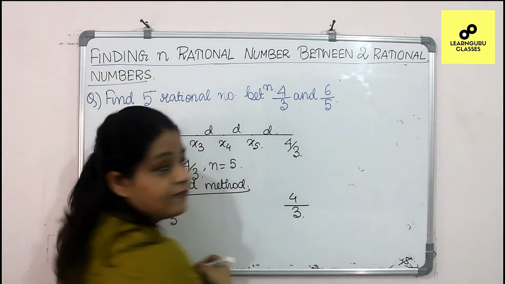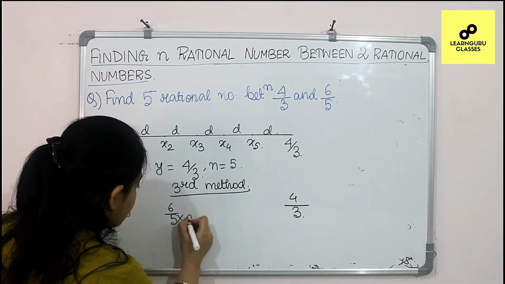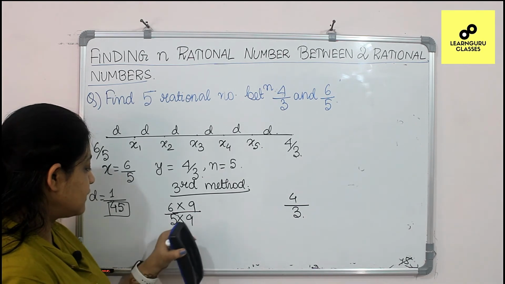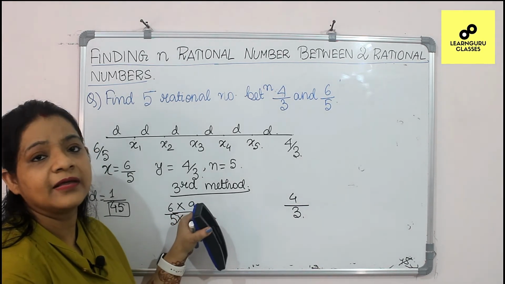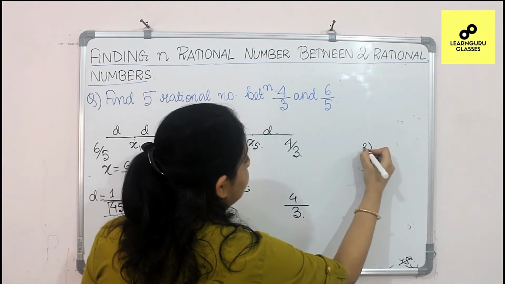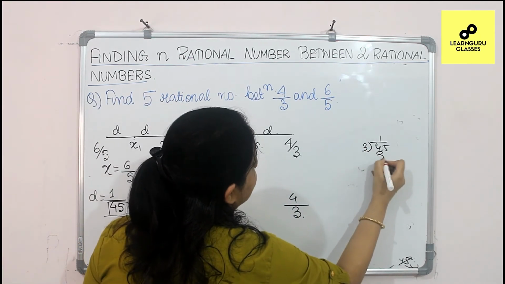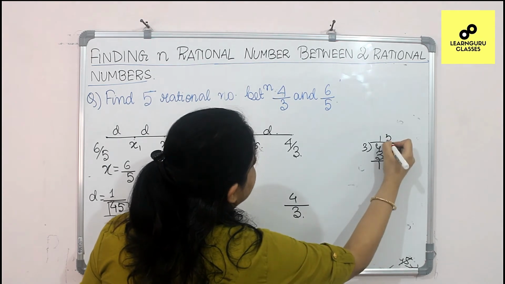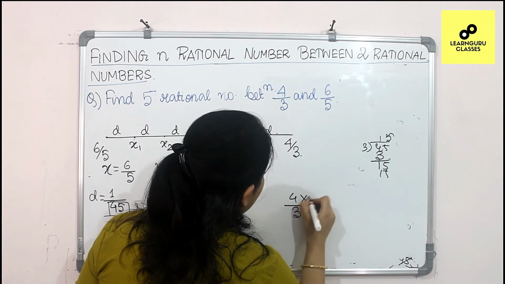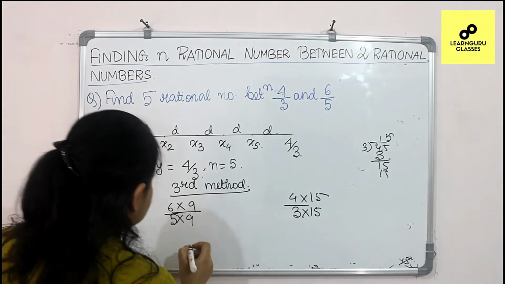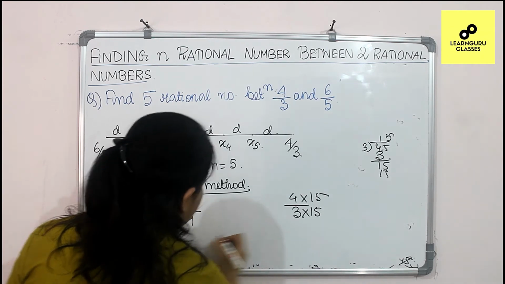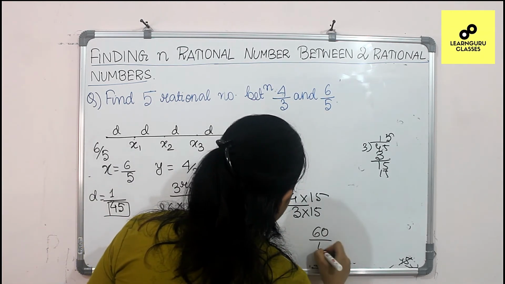So 5 9s are 45. So if you multiply 6 by 5 with 9, you will be multiplying the numerator also with 9. And for 3, 3 15s are 45. So 6 into 9 and 4 into 15. So what are the values you are getting? 54 by 45 and 60 by 45.